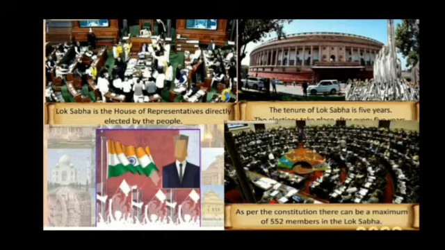The maximum membership is 552. Out of that, 530 members are directly elected by the states, 20 members are elected by the union territories, and 2 are nominated by the President.